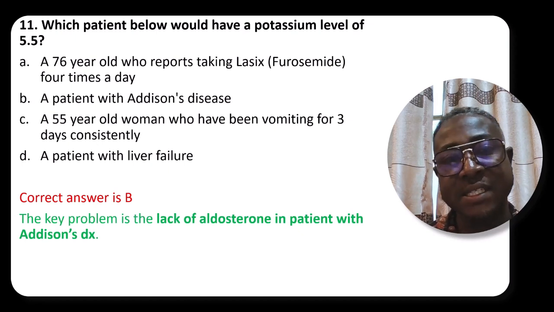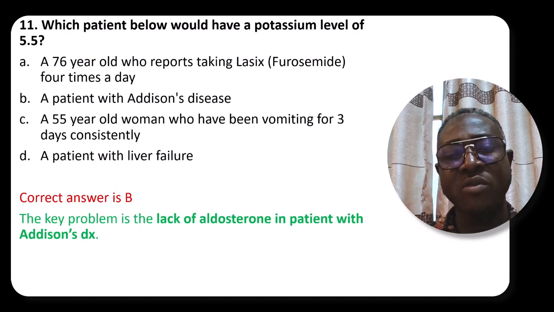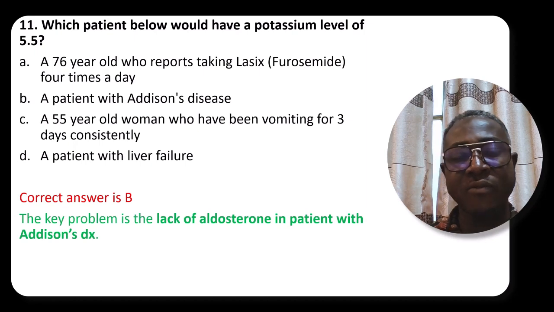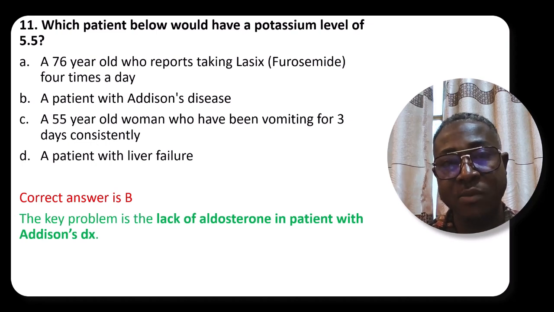So why Addison's disease? Now we know Addison's disease is a type of endocrine disease that occurs when the adrenal gland is not able to produce enough aldosterone. And what aldosterone does in the nephron is that it helps to conserve sodium. And so since we don't have enough aldosterone to conserve sodium, the sodium level in the system will go low.